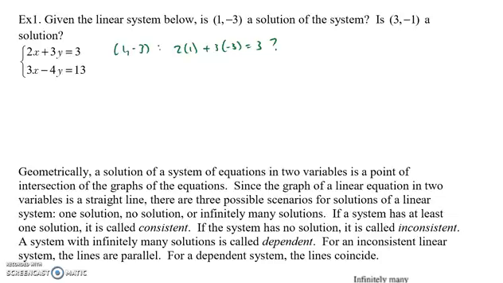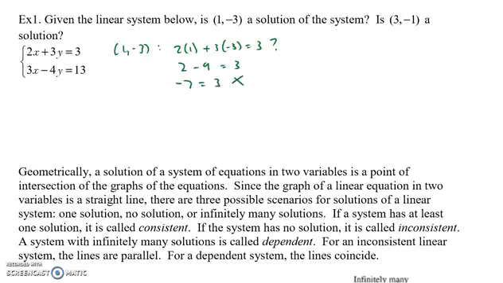Simplifying, we end up with 2 - 9 = 3. Okay, obviously that's false. Let me just write one more step here. -7 on the left, 3 on the right.